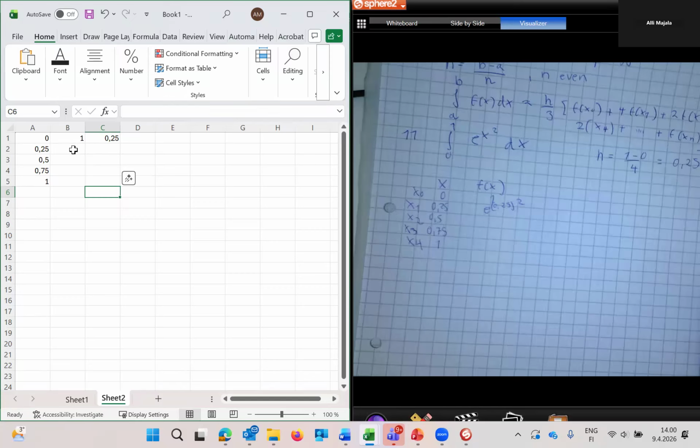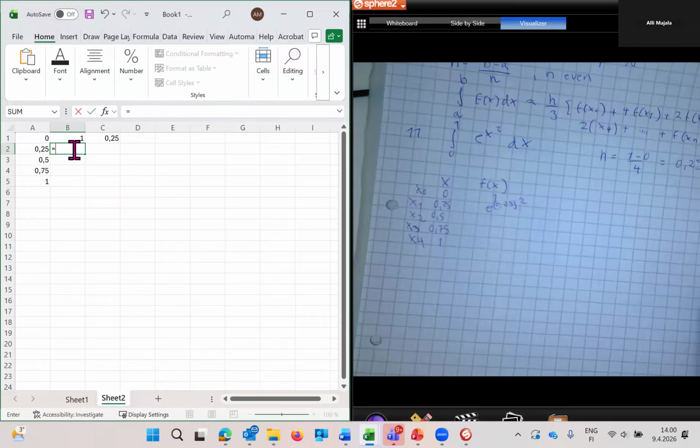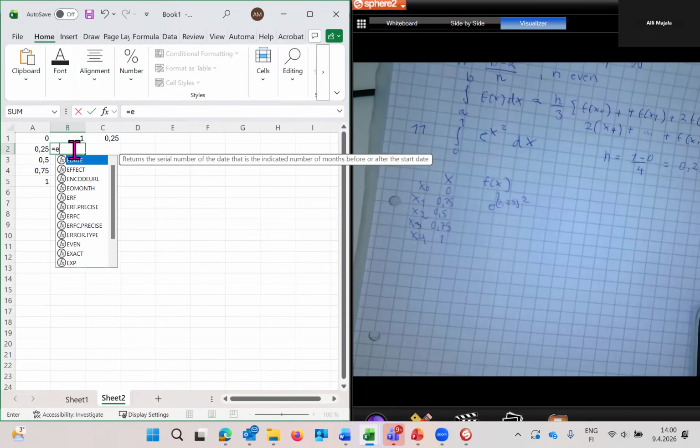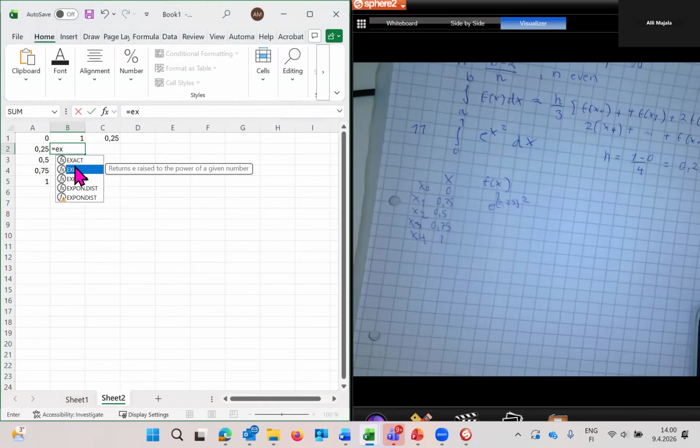Look, it's even the same. But now I have to put here that it's exp. And here I have to put the thing. And I have to put it into the, like this.